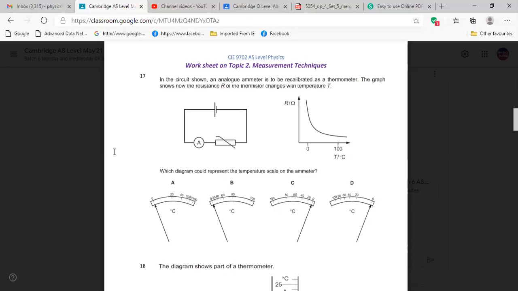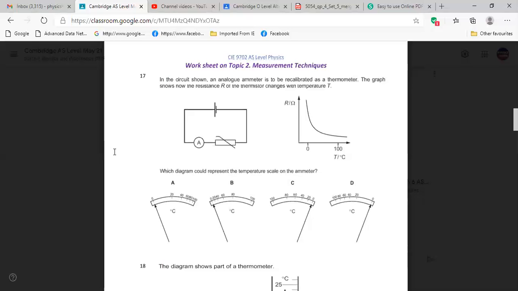And at the beginning, with a small temperature rise, the resistance is decreasing drastically, right? So if your resistance is decreasing in one circuit, then what will happen to current? Current will increase, right? Current will increase drastically.